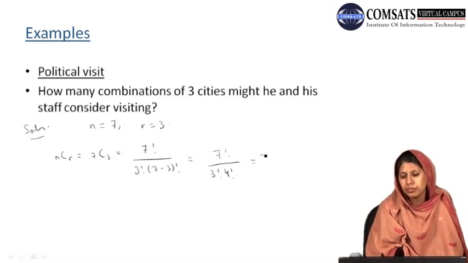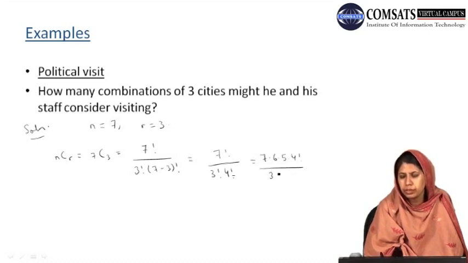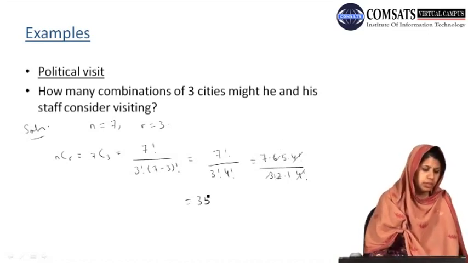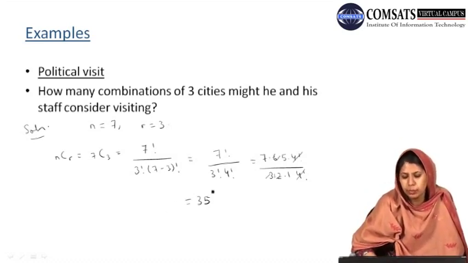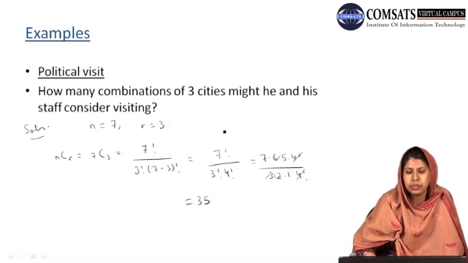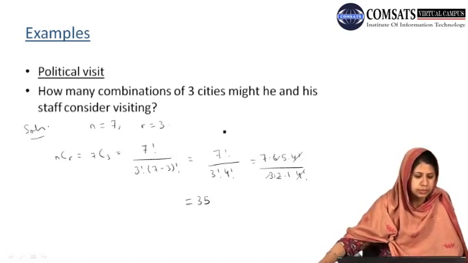Now we can open our 7 factorial up to our required number in the numerator, divided by 3 factorial, which can be opened as 3 into 2 into 1, into 4 factorial. 4 factorial cancels out, 3 also simplifies, and we are left with 35 possible combinations when a presidential candidate can visit only 3 cities from a given 7 cities.